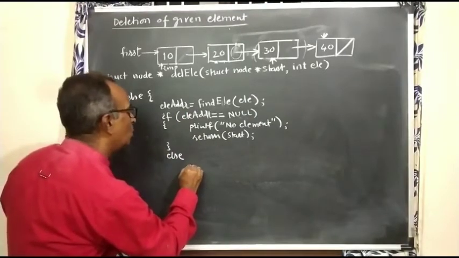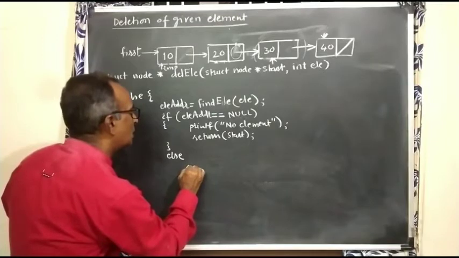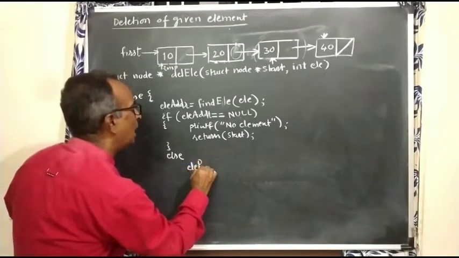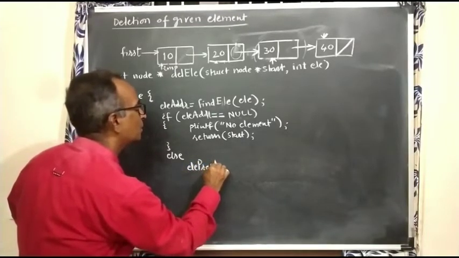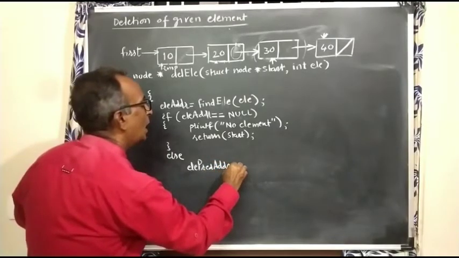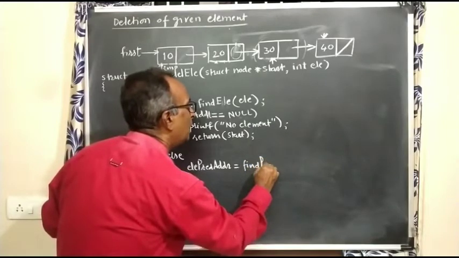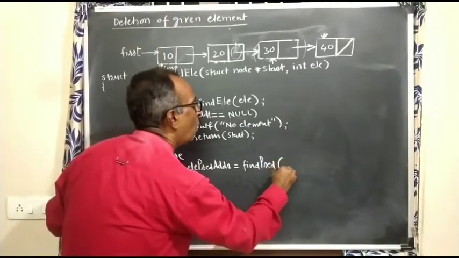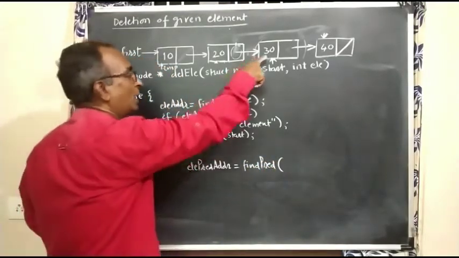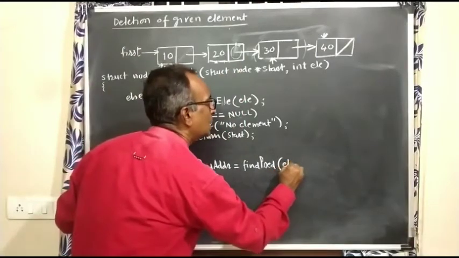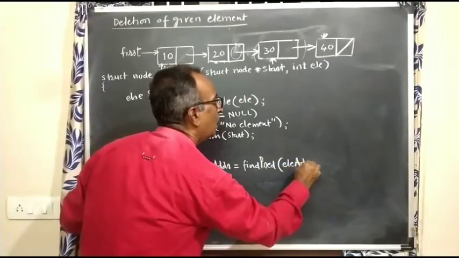So what I will do: this element's pred address, I'll give find pred of what? The location, whatever you are passing. This is element address.